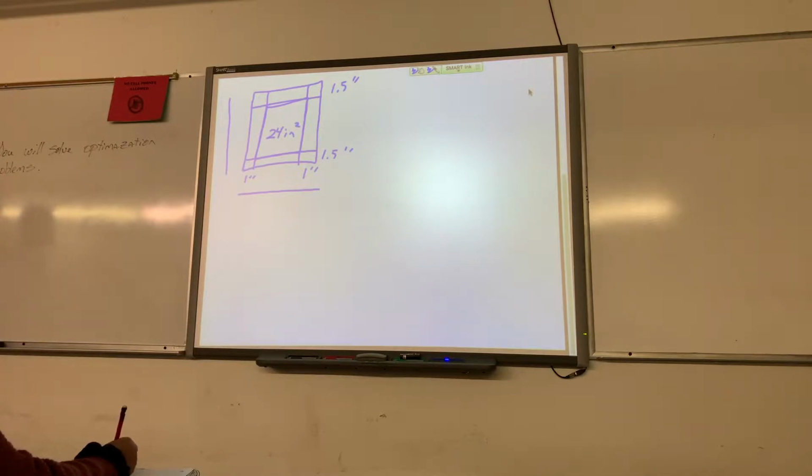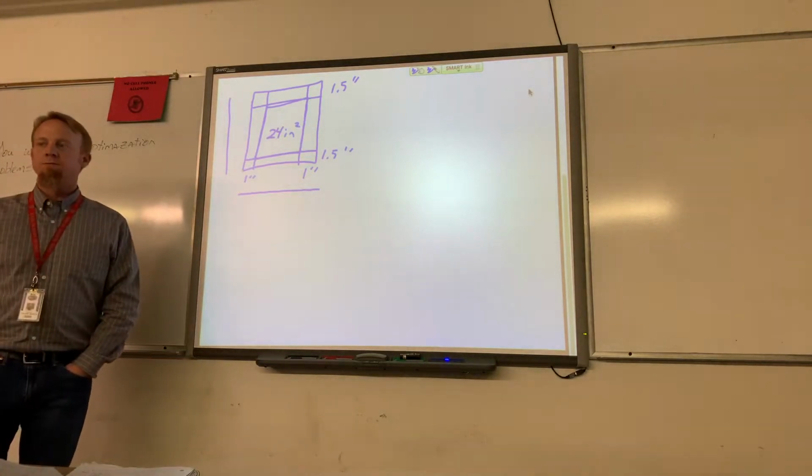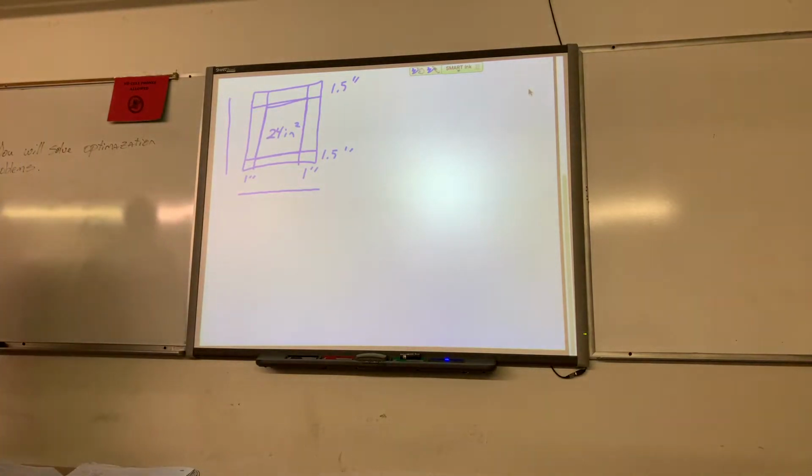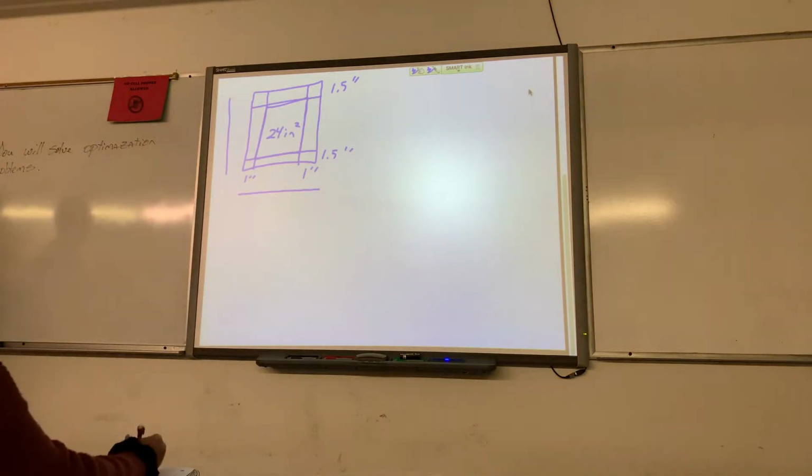Now, if you haven't opened to that page, flip to another page so you're not tempted to look at it. I want you to be able to come up with it on your own. So what's the next thing we want to do? Primary. What's the problem asking us to do? Find the least amount of paper. How is the amount of paper represented?